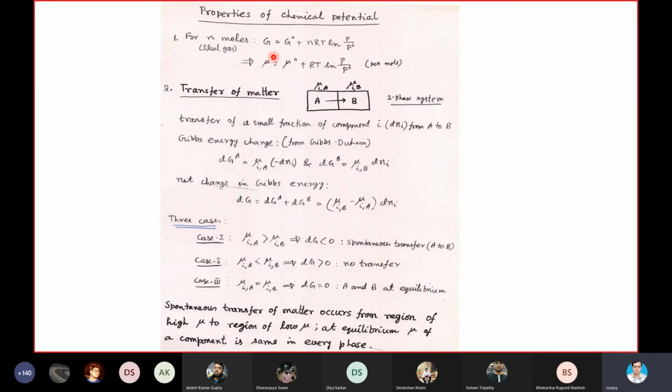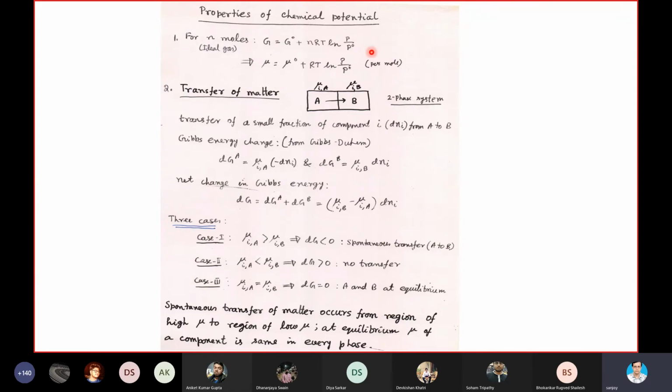We have already discussed earlier that we know how Gibbs energy changes with pressure. We knew that G equals G0 plus nRT log P by P0. This is for an ideal gas, of course, the expression we derived, and for a pure gas.